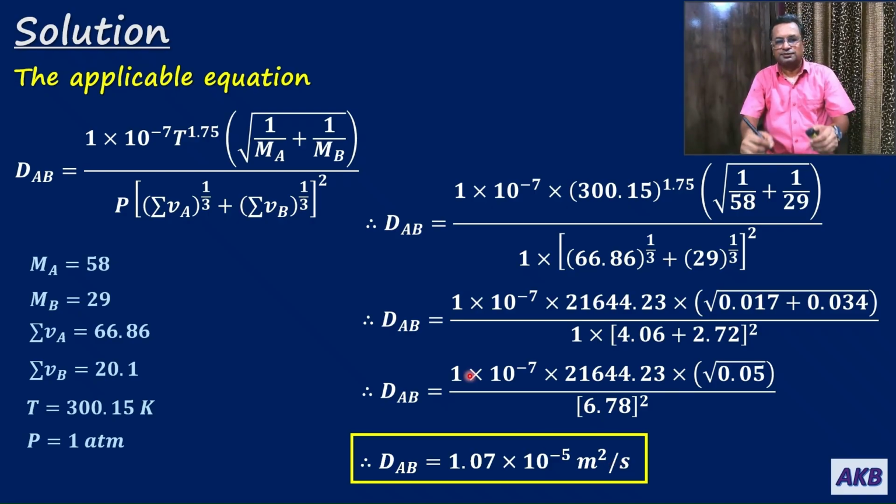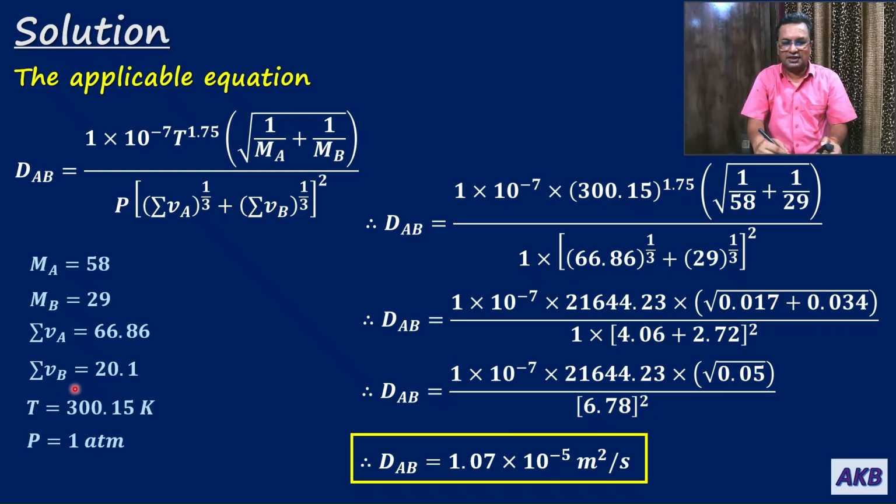So in this way, you have to use the equation proposed by Fuller and others for finding out diffusion coefficients in gases. The main thing is you should know how to get summation of Va and summation of Vb. The atomic volumes will be provided to you, and depending on the number of atoms present in the molecule, you have to find out summation Va and summation Vb.